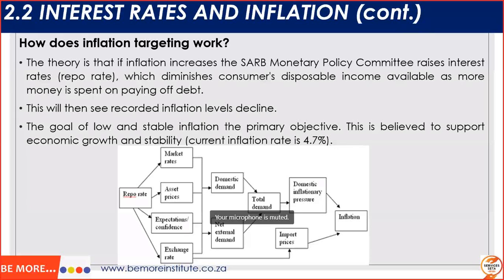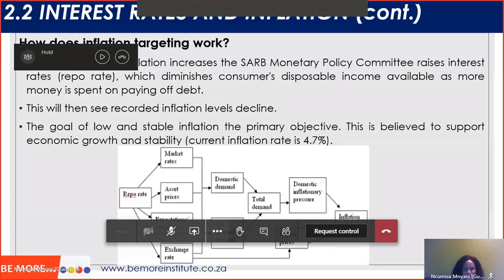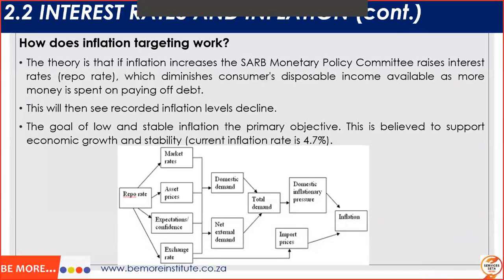The confidence is dented. So even if you're using your own money, you will want to hold on to it and not necessarily spend, because you ask: if interest rates are becoming unstable, what does it mean for me and my investment? Should I be spending my money, or should I hold on to it until I see stability?